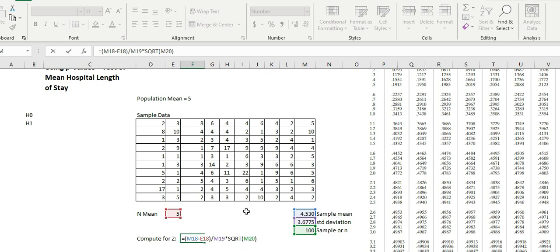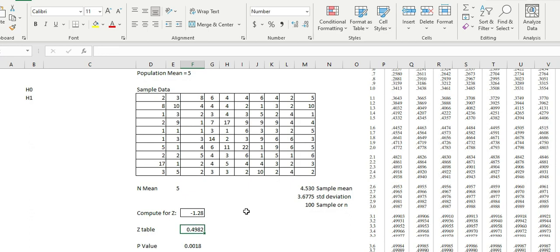So we got negative 1.28. So what's the level of 1.28 here? Negative 1.28, regardless if it's negative or positive, is still the same. We will look from here for 1.28.